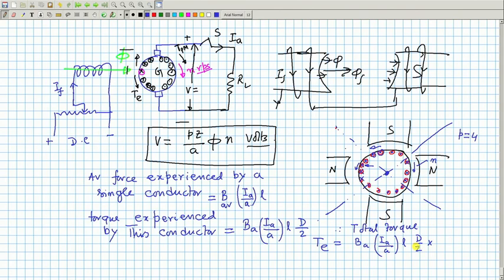Should it be Z by A? Should it be Z? It must be Z, because each conductor is contributing to the torque.